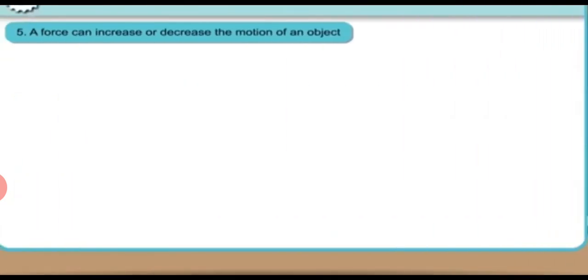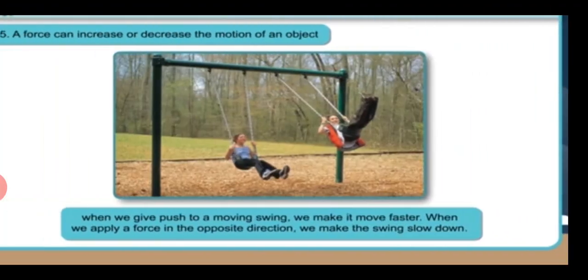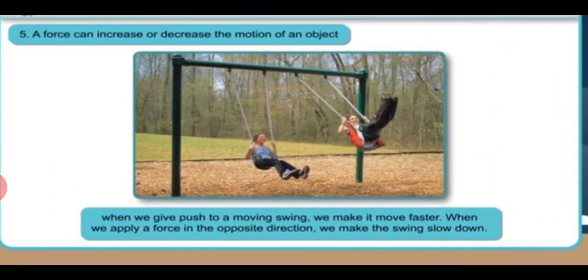Number 5 says a force can increase or decrease the motion of an object. For example, when we give push to a moving swing, we make it move faster. When we apply a force in the opposite direction, we make the swing slow down. So, these are the effects of force.